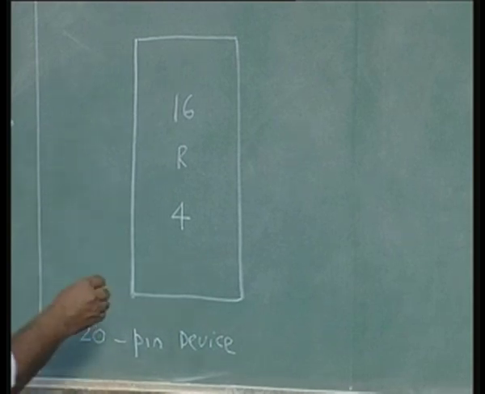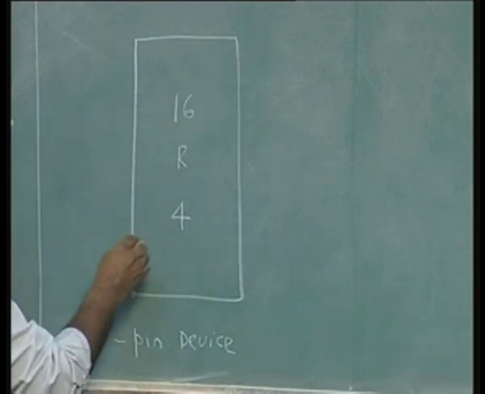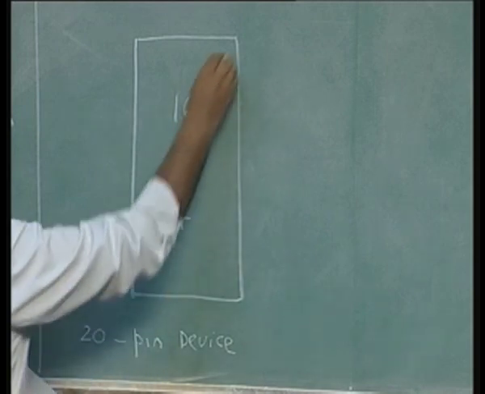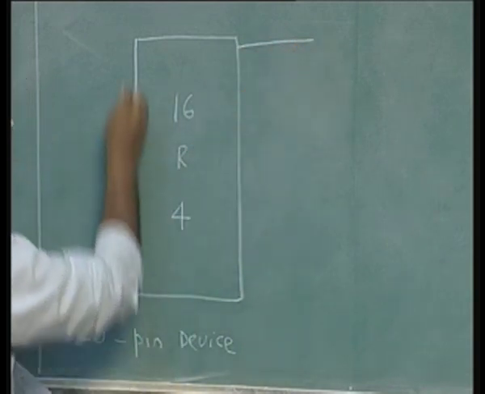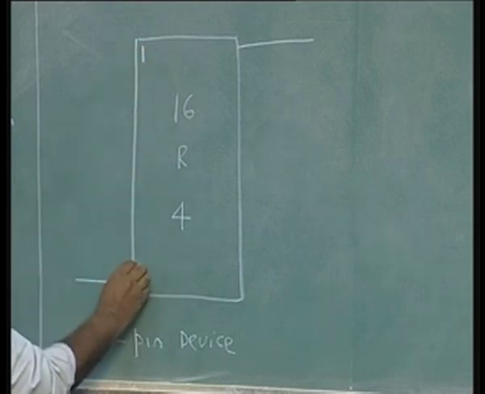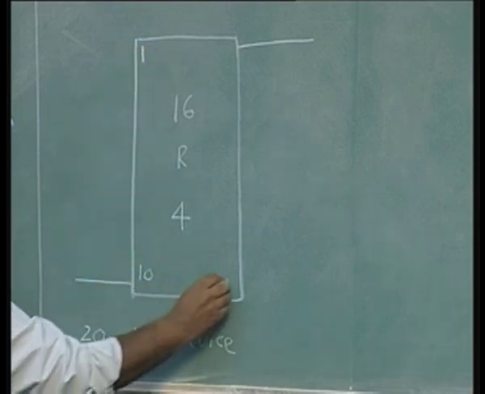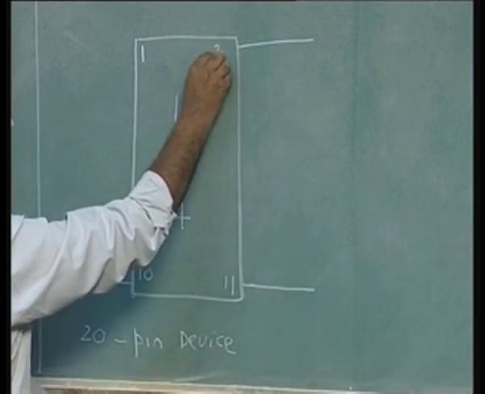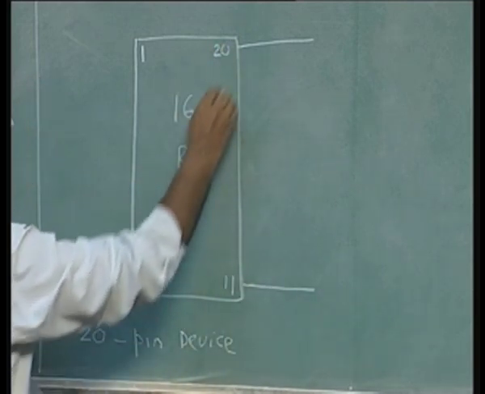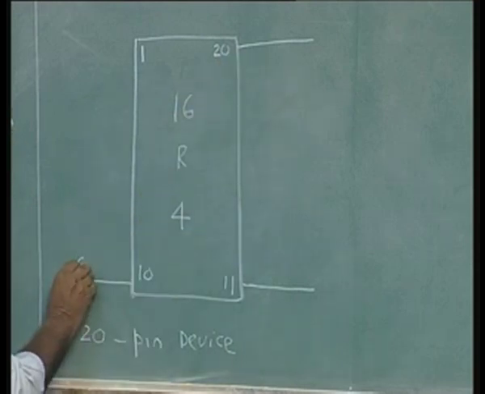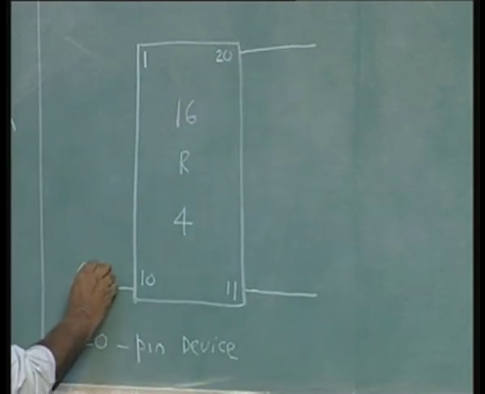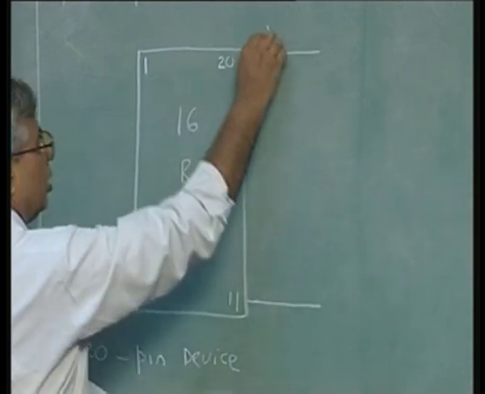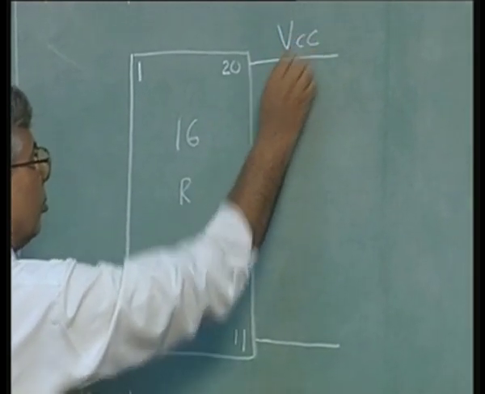Any device needs a ground and VCC, power supply. So this is numbered from here 1 to 10, and 11 to 20. Pin 10 is ground, and pin 20 is VCC, the power supply.